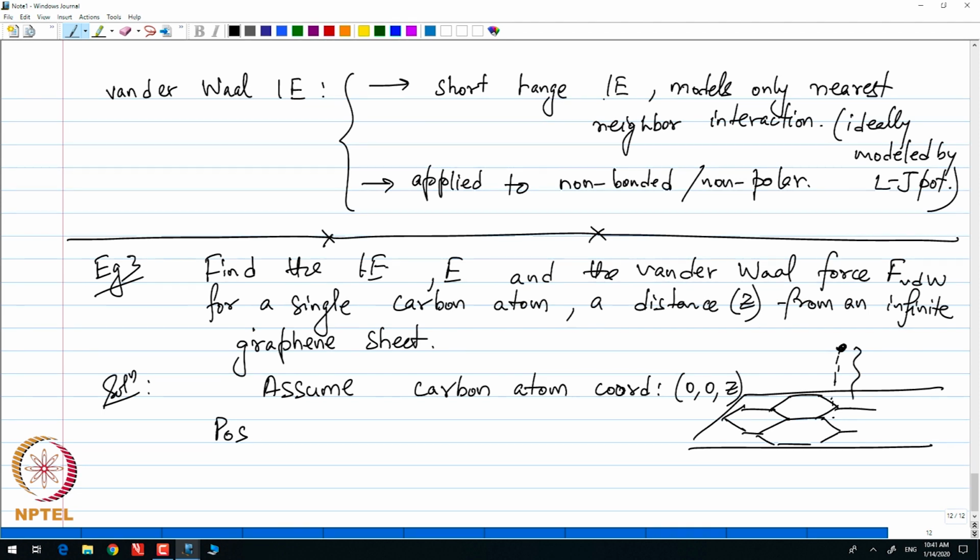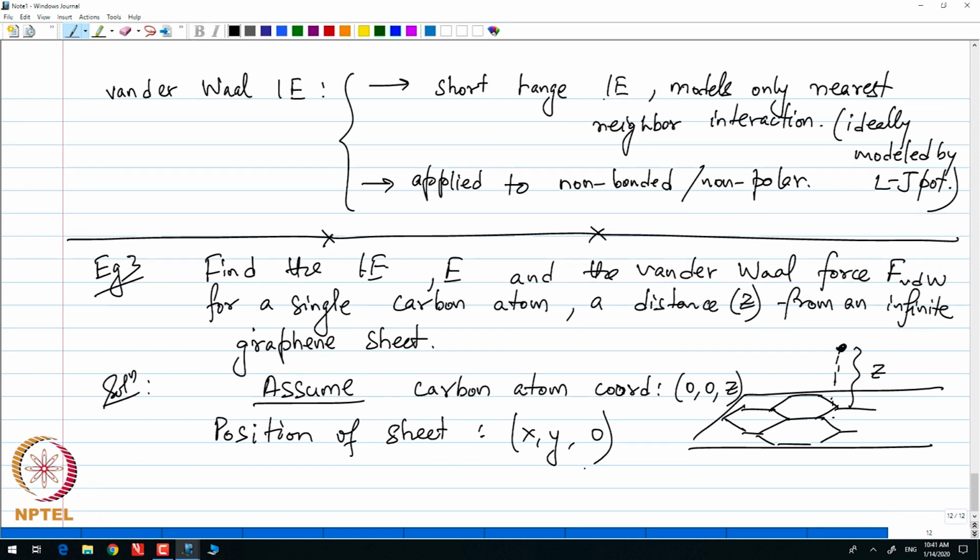So, z is the distance of the carbon atom from the sheet, and the sheet is on the xy plane. So, these are my assumptions. The position of the sheet is given by xy 0.